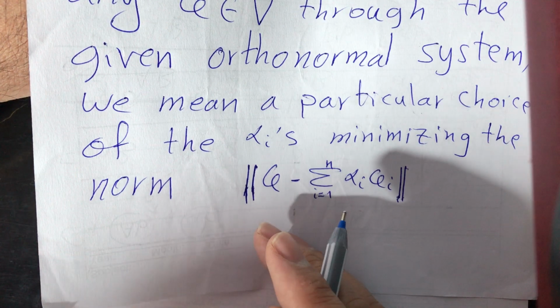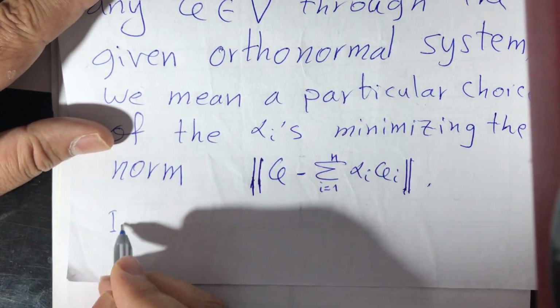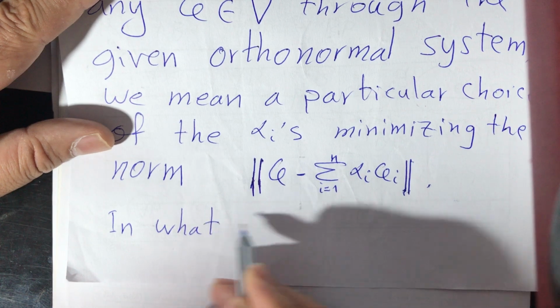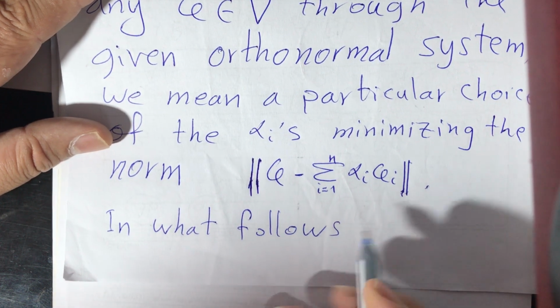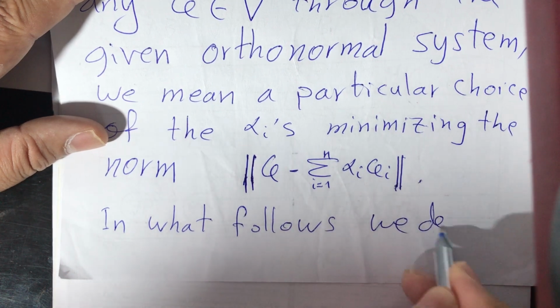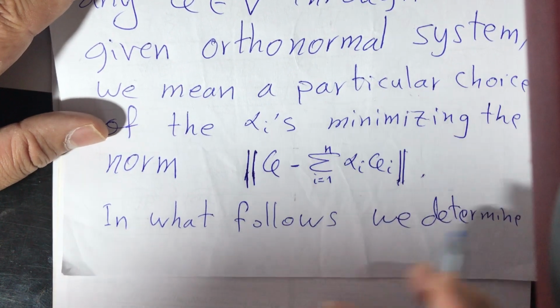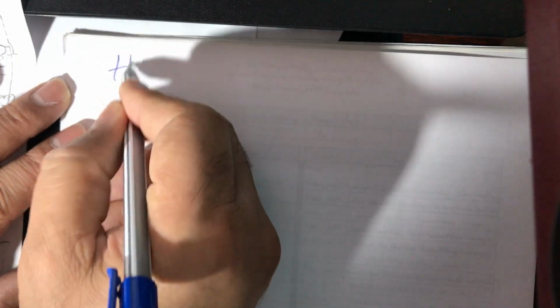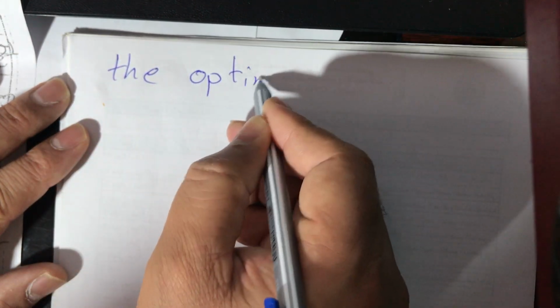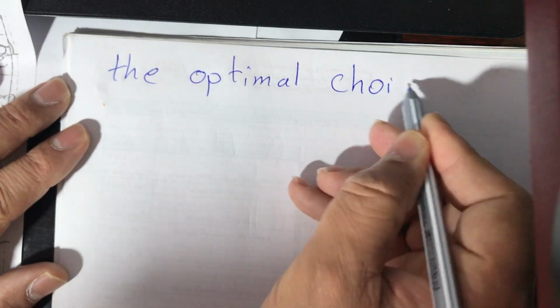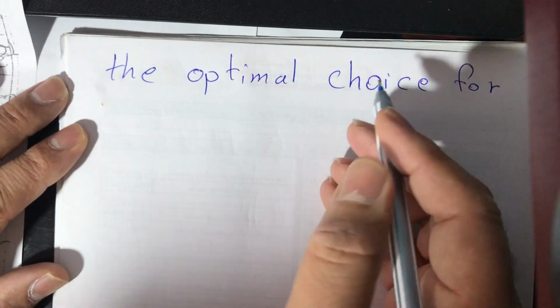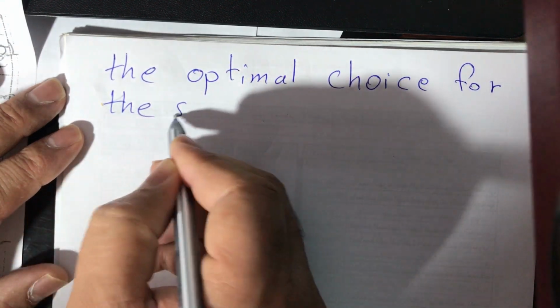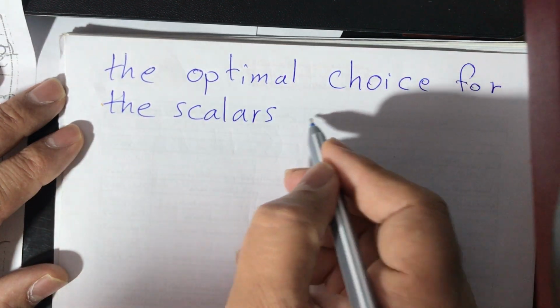In what follows, on page number 1, we determine the optimal choice for the scalars alpha i.